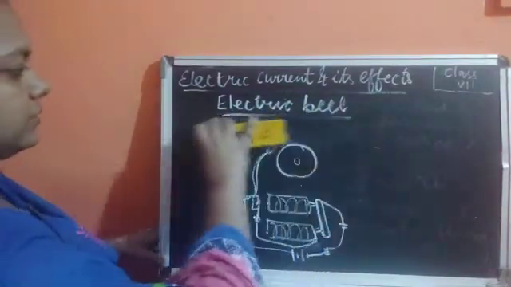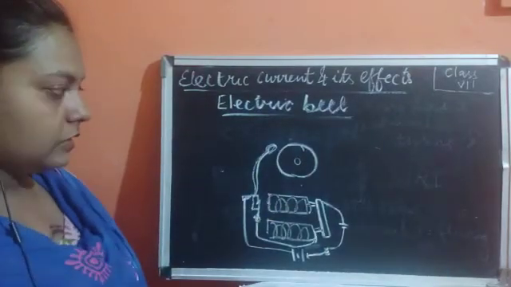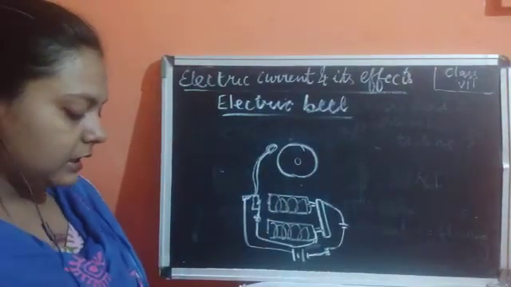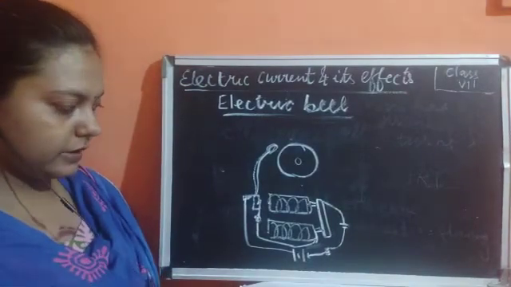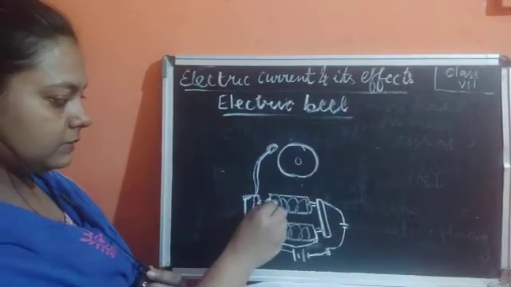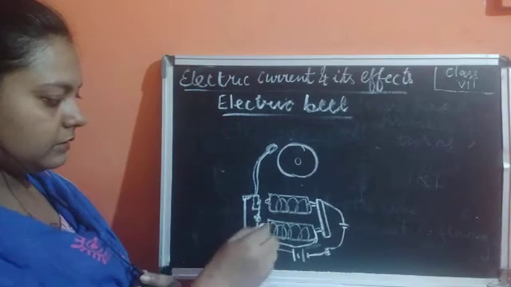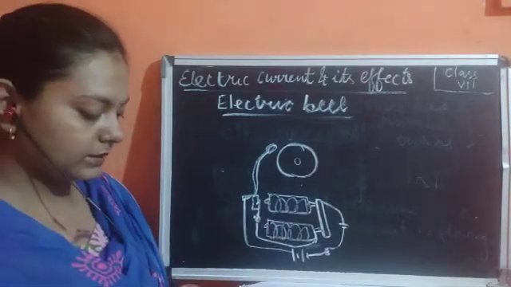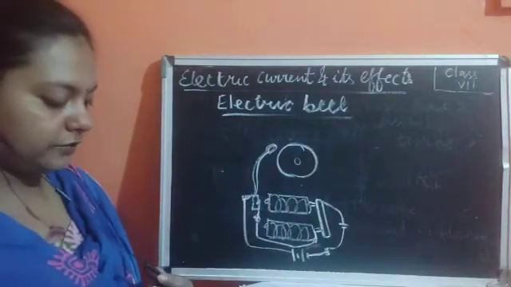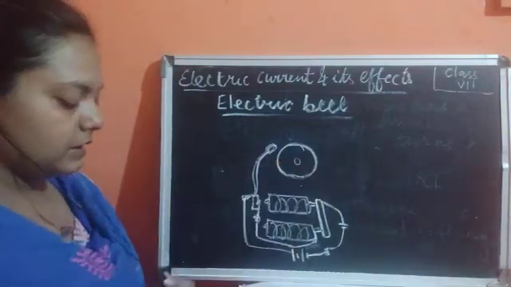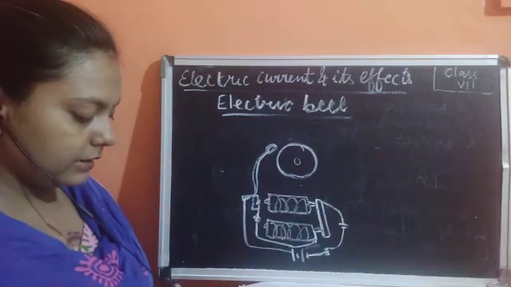Now let us see how this is being used. This diagram shows the structure of an electric bell, and the circuit diagram tells us how it works. Let us see the parts of this electric bell.